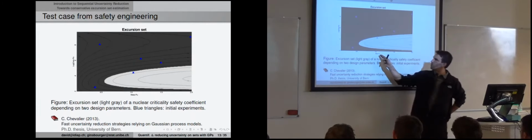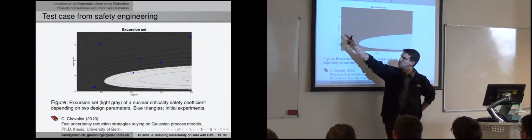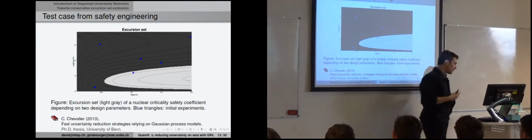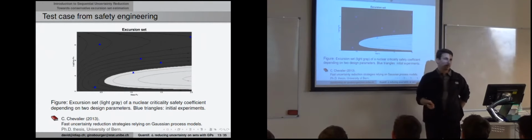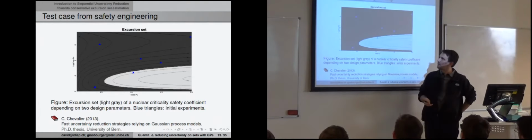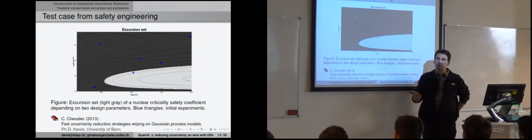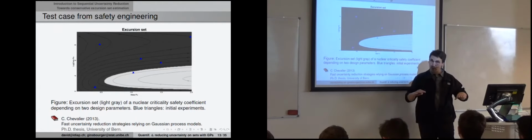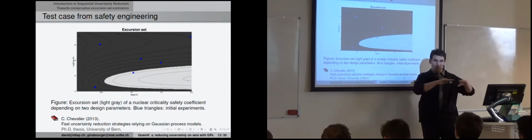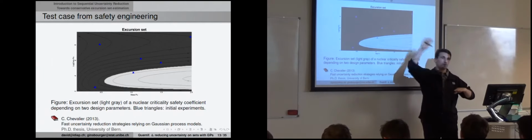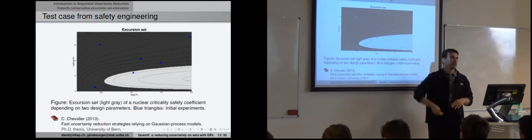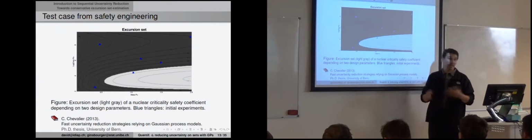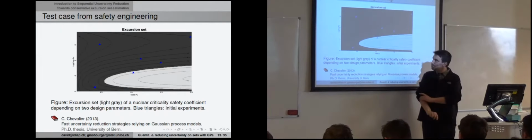Depending on two parameters that are here related to the mass and the concentration of plutonium inside of a device, you have a neutronic criticality safety coefficient that indicates a neutronic reaction that either is stable, is collapsing, or is diverging. Okay? So here we are in the region where the neutronic reaction is diverging, meaning explosion, potentially.